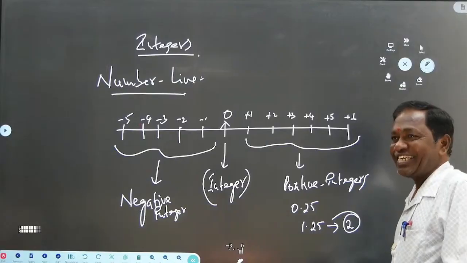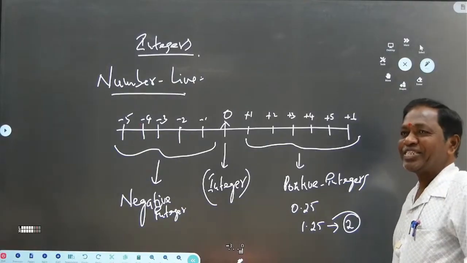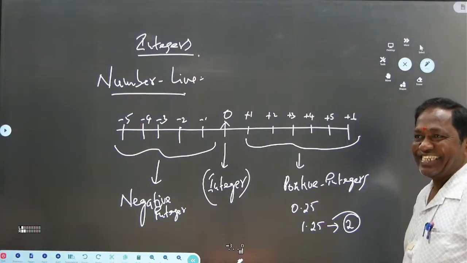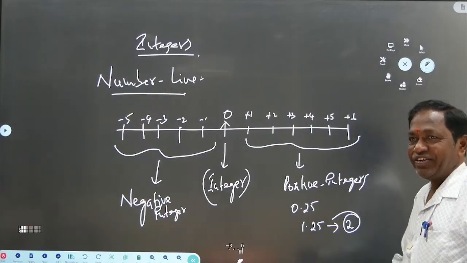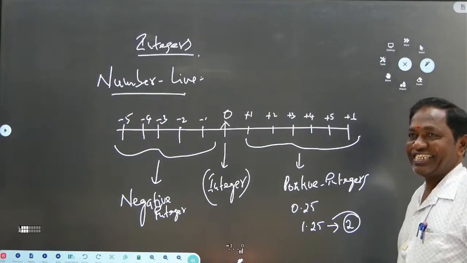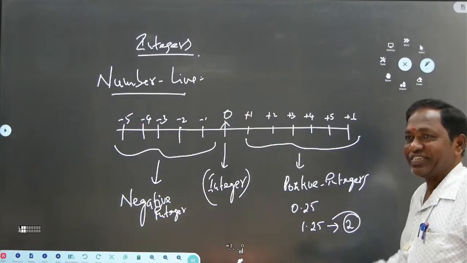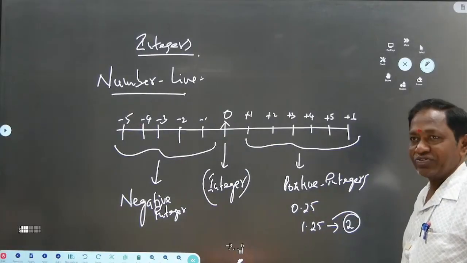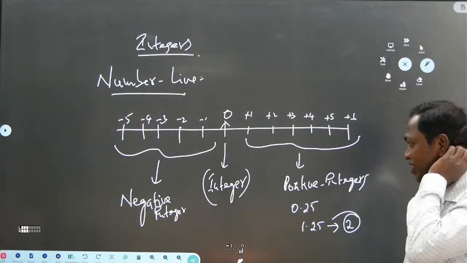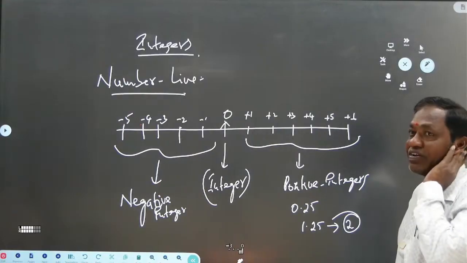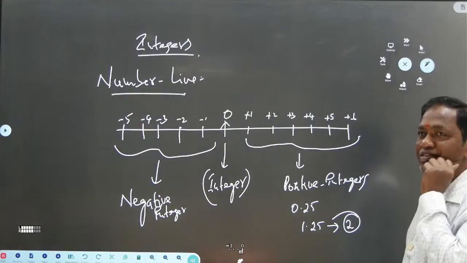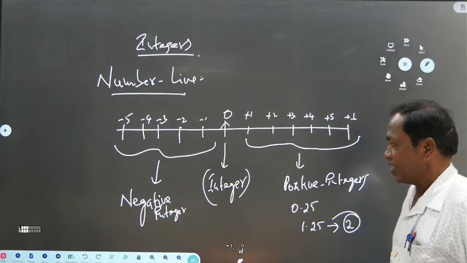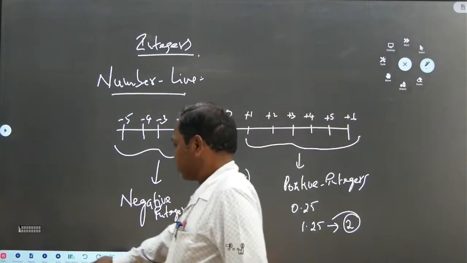They say integer, the word is used even in circulars and notices, because integers will not take decimals, less than 1 or more than 1. It will not happen like that. Okay, that's right. Next.